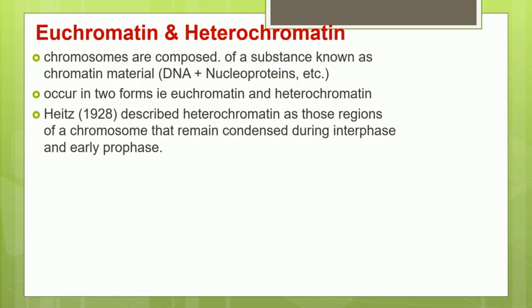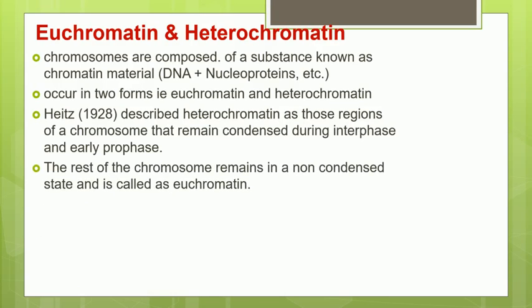So we know that during cell division, earlier this nuclear material, that is DNA, is present in the condensed state. When it is present in a highly condensed state, it is called heterochromatin.